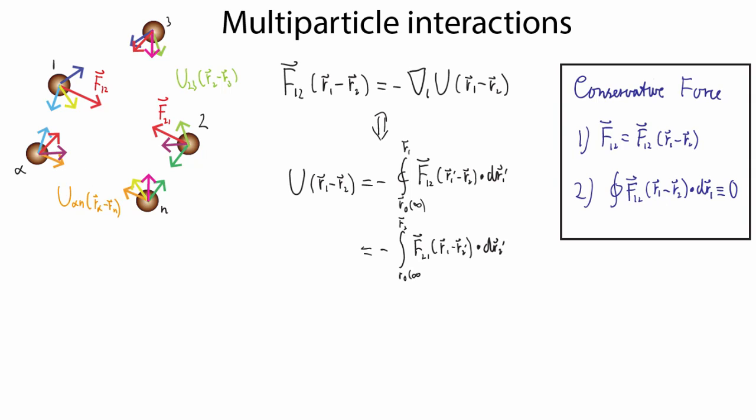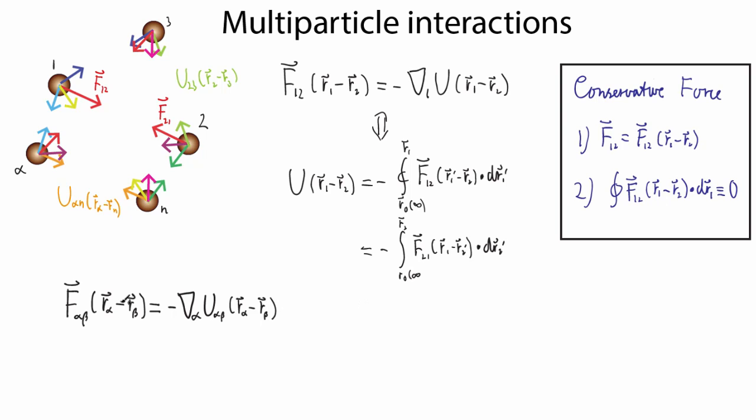This means that in general, we can write that the force between two particles, let's say the force between particle alpha and particle beta located at position vector r sub alpha and r sub beta, equals minus the gradient with respect to the position of the alpha particle, that's vector r sub alpha, of the potential u sub alpha beta, which depends on r sub alpha minus vector r sub beta.